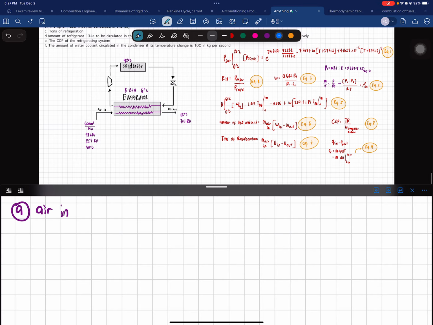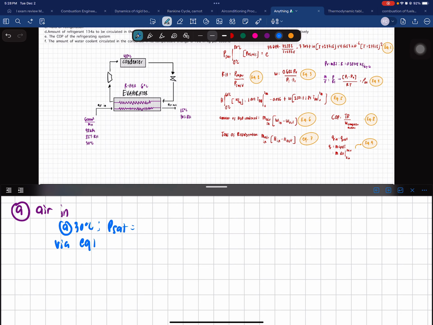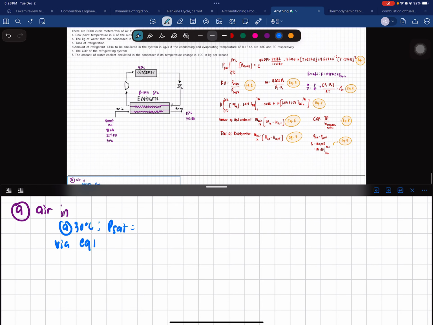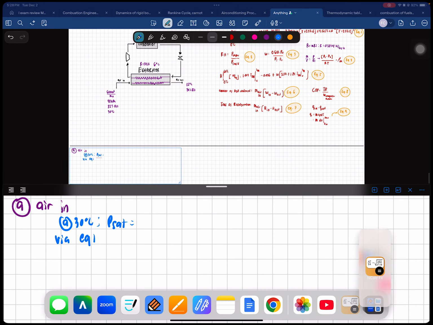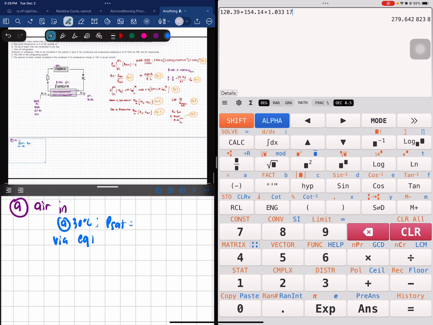So at air in, at 30 degrees Celsius, P sat at 30 degrees Celsius via equation 1. P sat is around, so let's just put it here in our calculator.